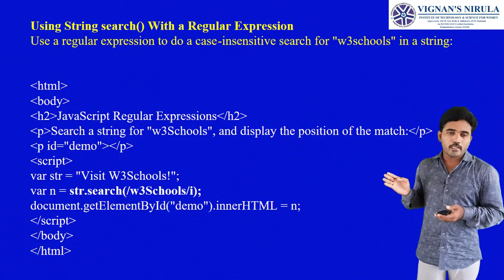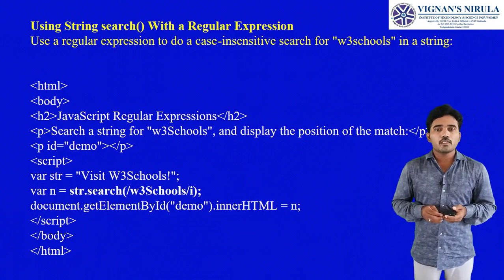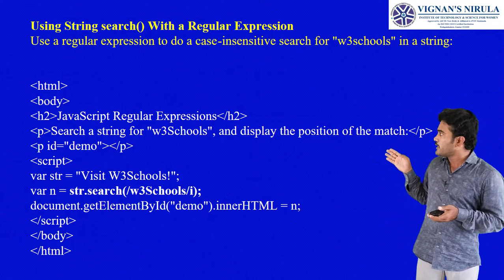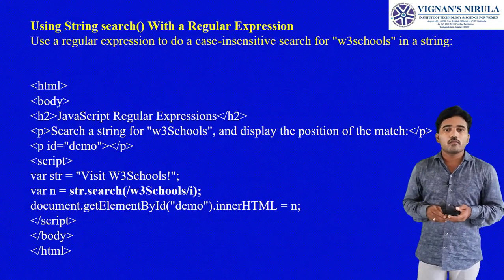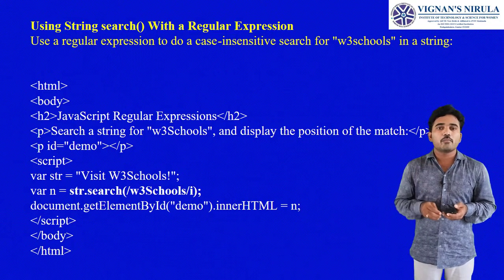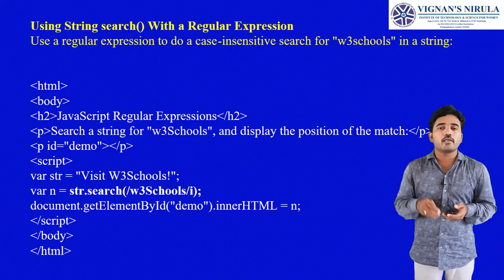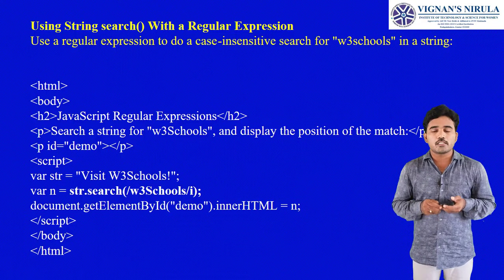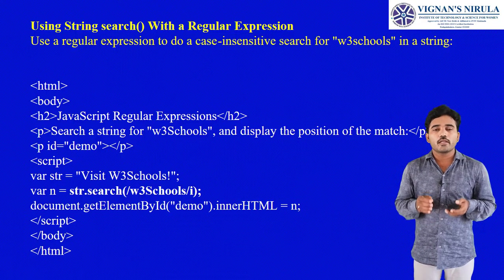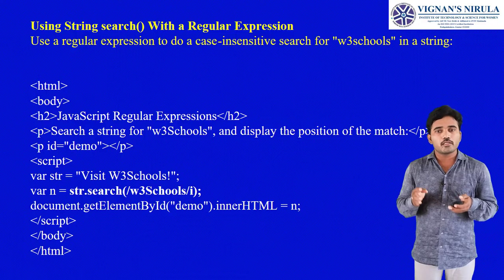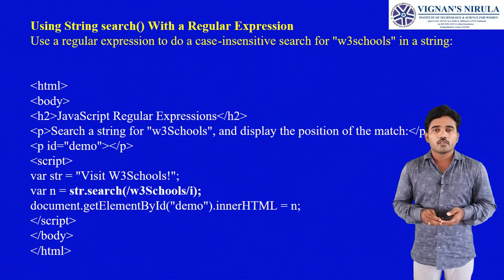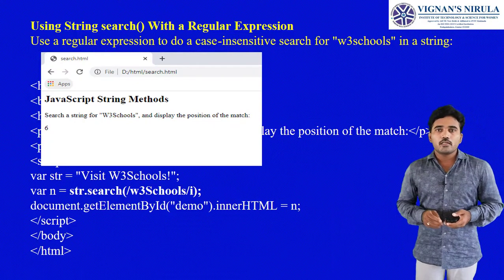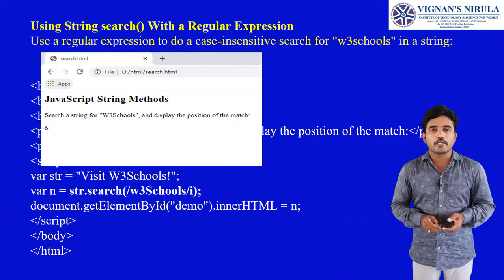Here we have taken the same example, but instead of searching for a string, I have written var n equals str.search, and here I have written a pattern, W3 schools, and the modifier is i. The i stands for case insensitive search, and as usual you get the element by ID, demo.innerHTML equals n. For this also you will get the same output, that is, 6 is returned.